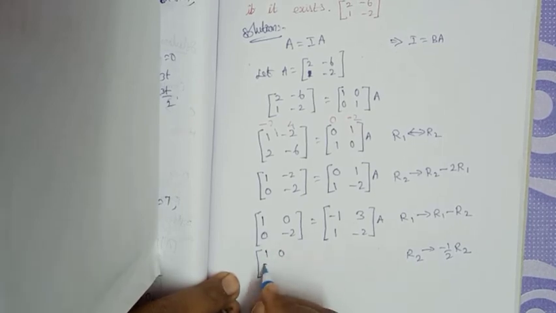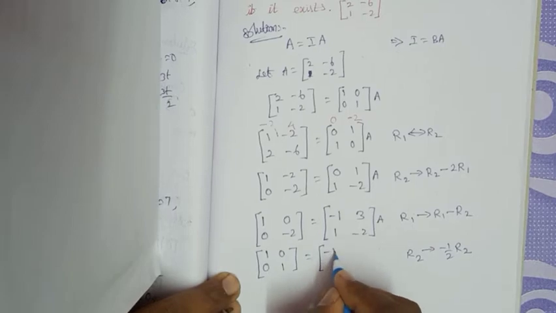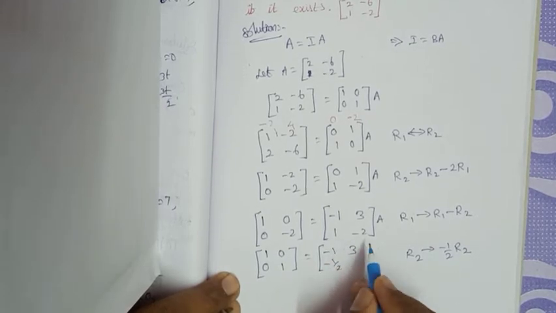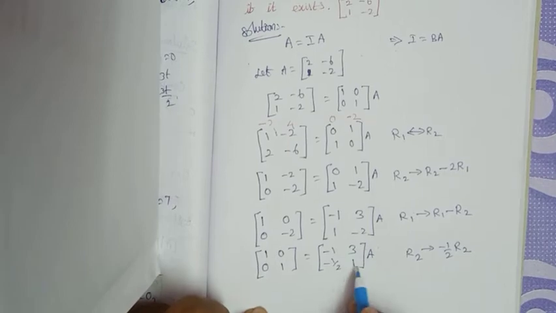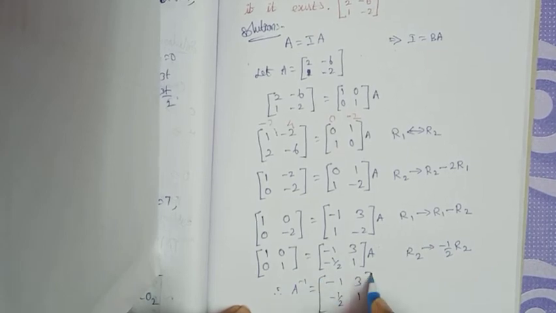Second row: 0 into minus 1 by 2 is 0, and minus 1 into minus 1 by 2... so we get the first row minus 1, 3, and the second row minus 1 by 2, and minus 1 by 2 into minus 2, we get 1, into A. So this is an inverse of the matrix. Therefore A inverse is equal to [-1, 3; -1/2, 1].